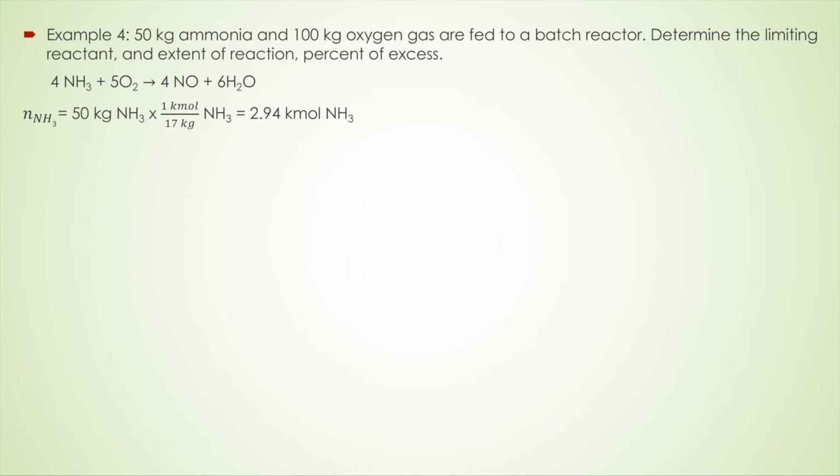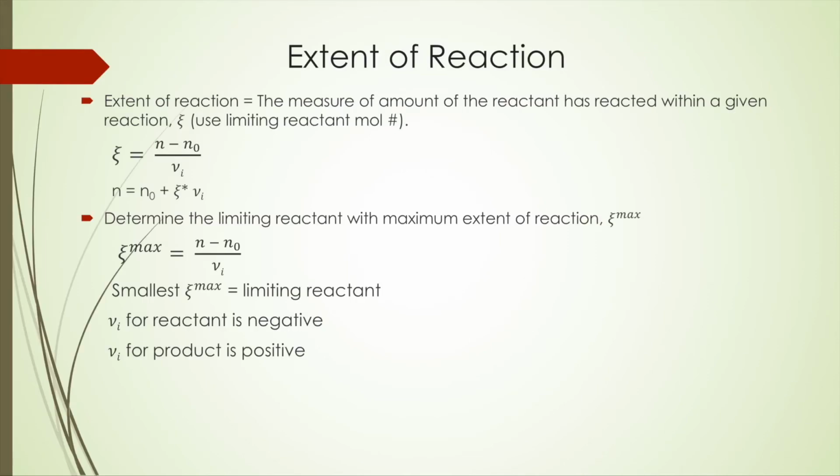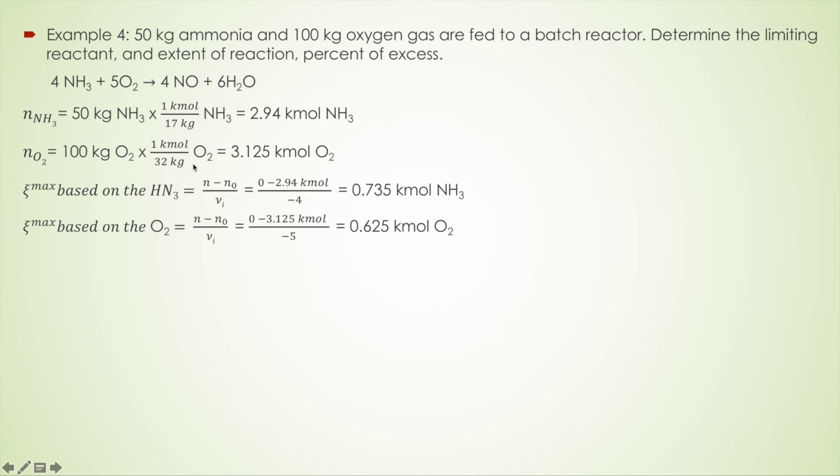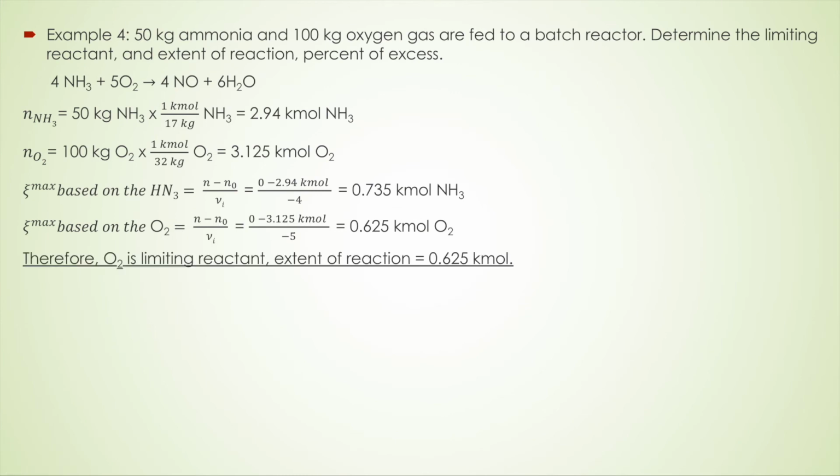Remember, for the limiting reactant, the extent of reaction is equal to the output mole number minus the input mole number divided by the coefficient. In this reaction, the extent of reaction is based on the limiting reactant, so we use the same number as the maximum extent based on the limiting reactant.